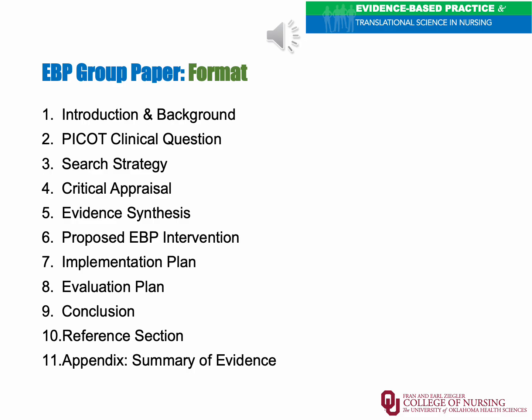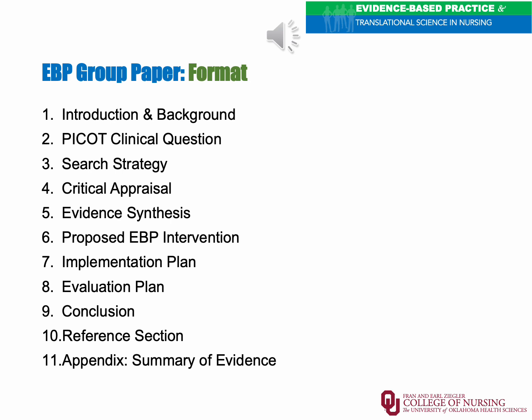The next section is about evidence synthesis. This section will summarize the evidence collectively. Here, you're going to identify patterns, you're going to identify consistencies, and you're going to identify if there are existing contradictions or gaps in the literature.